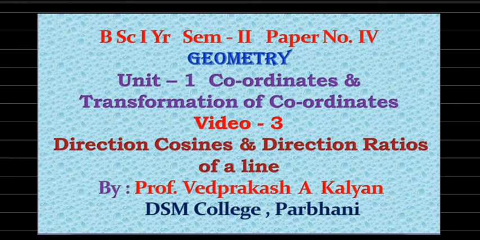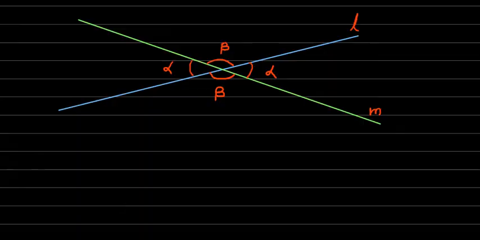We know that the angle between two intersecting lines can be very easily obtained. How is it defined? Let us see. Let us consider two intersecting lines, one line L and the other M. Suppose L and M are two intersecting lines, and they intersect at this point.